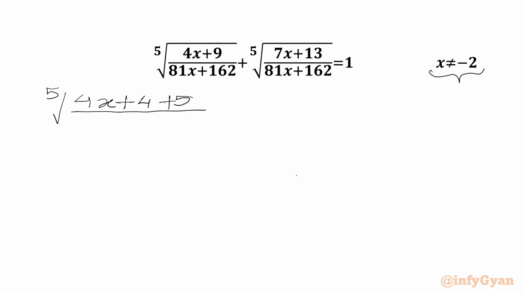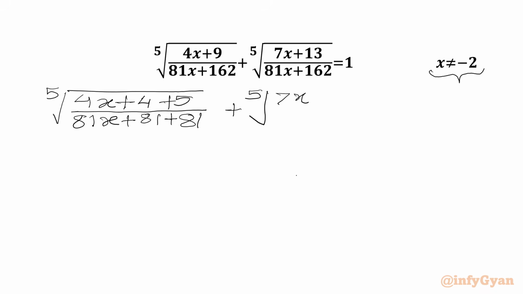In denominator we have 81x plus 162, which we will write as 81x plus 81 plus 81, plus fifth root of 7x plus 13, which can be written as 7x plus 7 plus 6 in the numerator, and in denominator we will write 81x plus 81 plus 81, equal to 1.